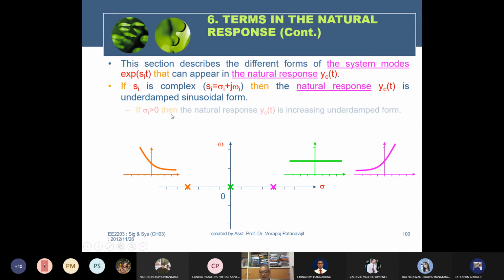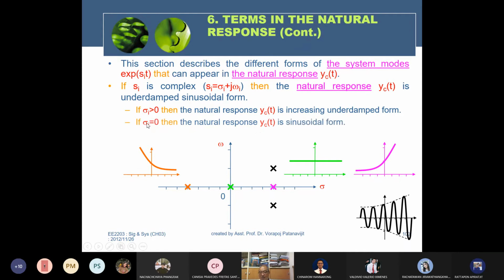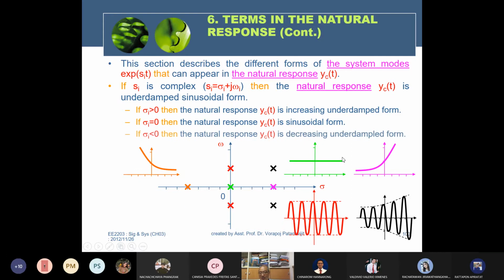If the real part of this complex value is positive, the envelope of the signal will be increasing from time to time, but the signal itself will be a sinusoidal waveform with increasing amplitude. Second, if the real part is 0, it will be sinusoidal with constant amplitude. And the last one, if the real part is negative, it will be a sinusoidal waveform, but the magnitude or envelope will be decreasing.